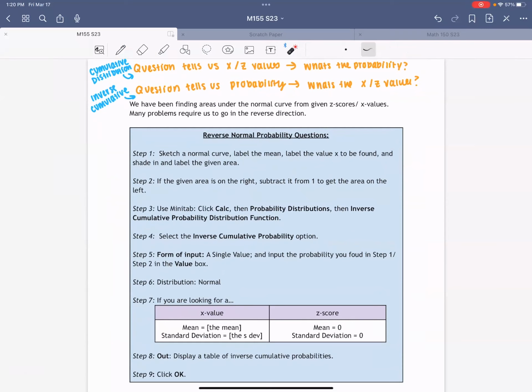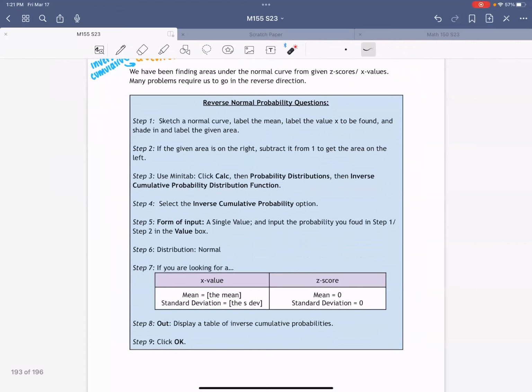The second step is, if the given area is on the right, subtract it from 1. So we're doing the subtracting before we type anything in Minitab. If we're doing an area on the left, then we don't have to do anything else. Step 3, we click through a bunch of stuff, type in our answers, and whatever we get is actually our final answer.